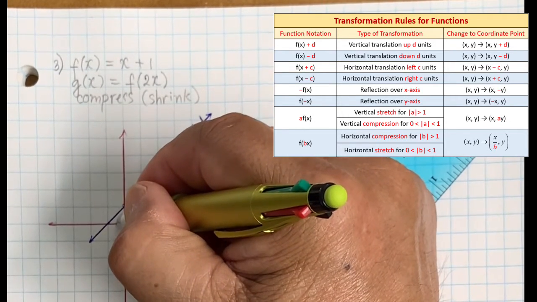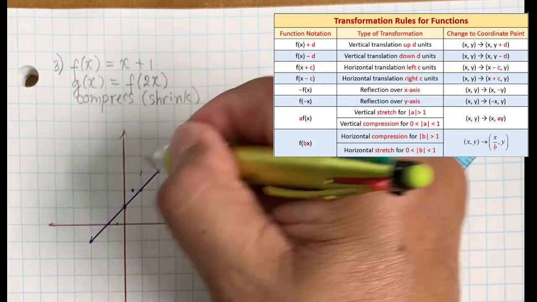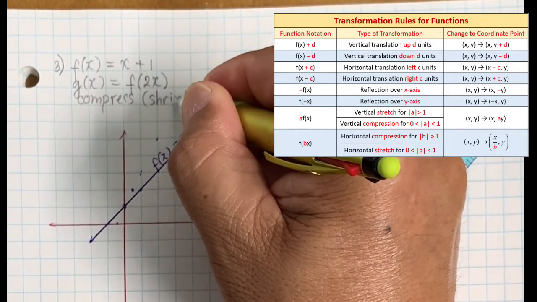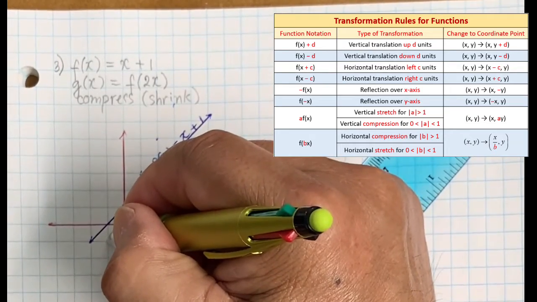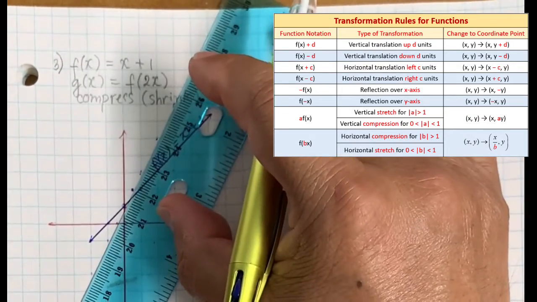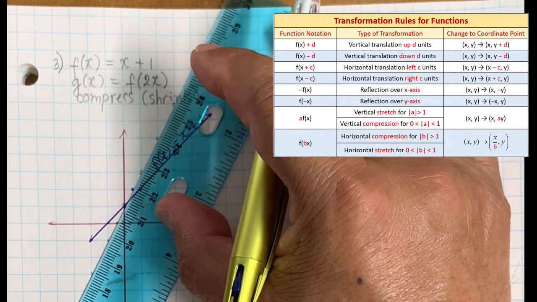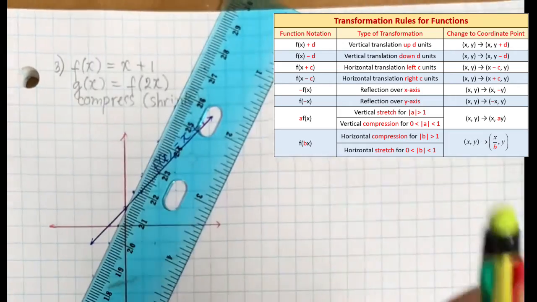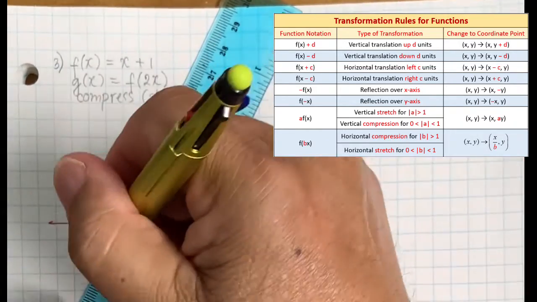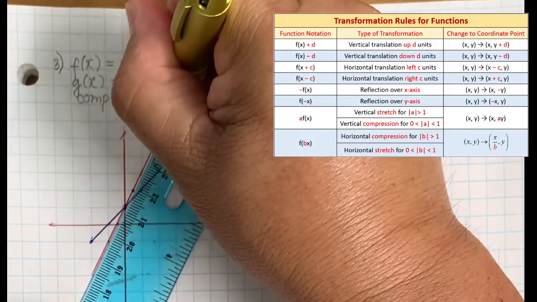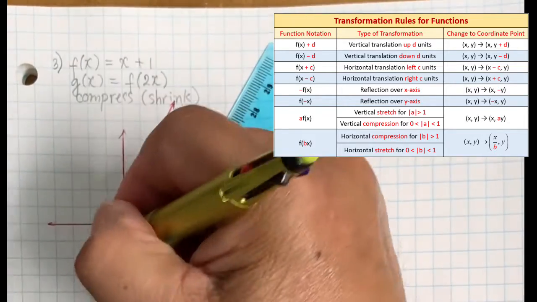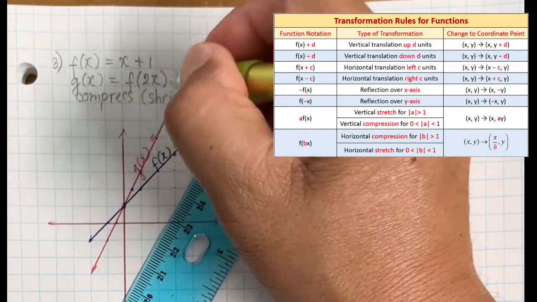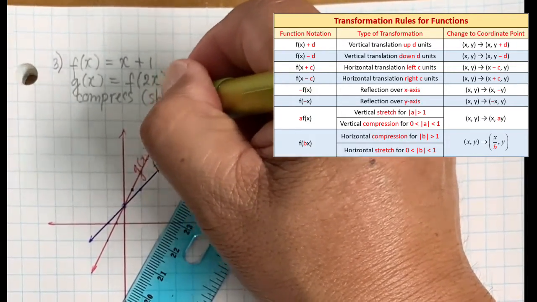So actually, this is the point that I need to graph here. Okay, so that's my g of x. And this is g of x equal f of 2x.